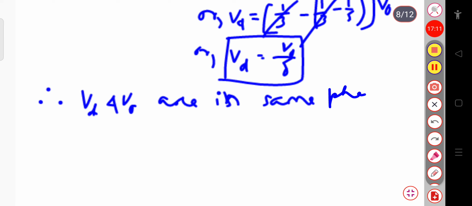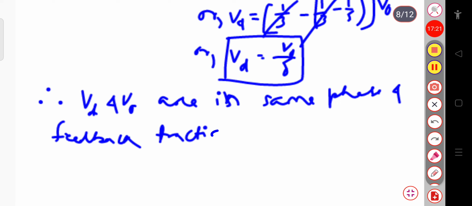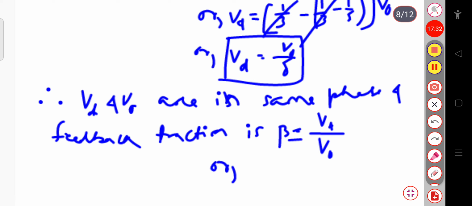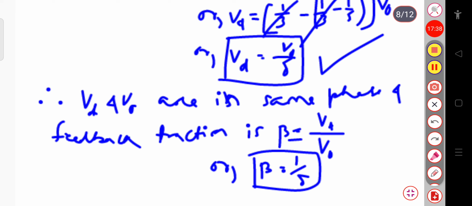Here the feedback fraction beta is equal to Vd by V0, so beta equal to 1 by delta. From this above expression you can see Vd by V0 will be equal to 1 by delta.